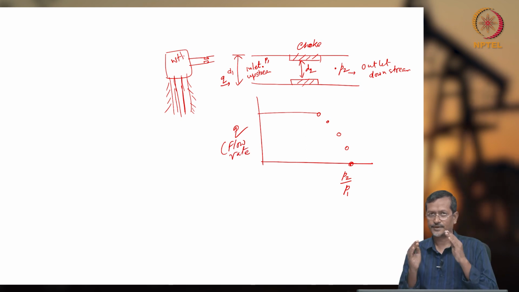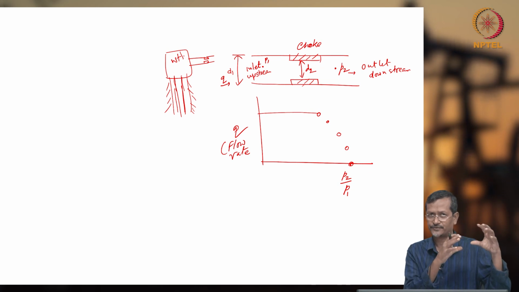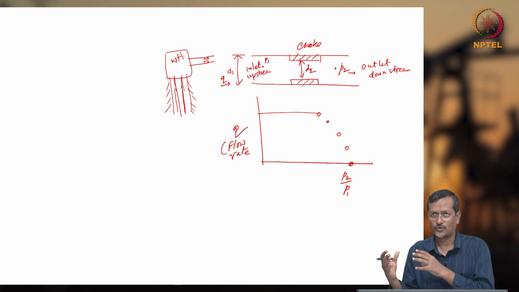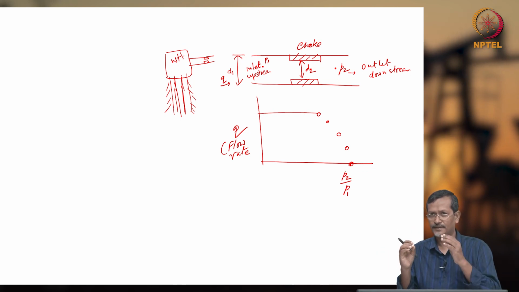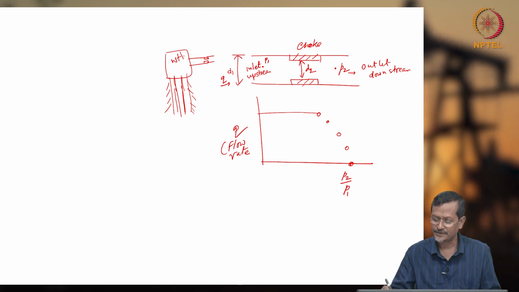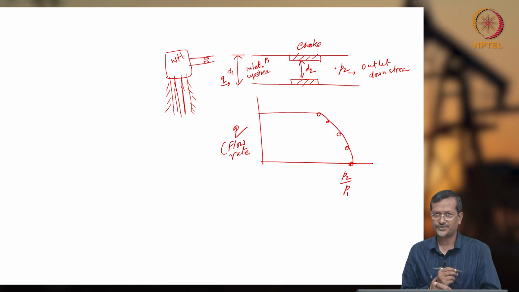Okay, so take a specific P1 value, or upstream or wellhead pressure value, and the downstream pressure you are trying to control. When downstream pressure is initially 0, flow rate will be very high, then downstream pressure gradually increases. When it increases up to a certain value, your flow rate will not change.